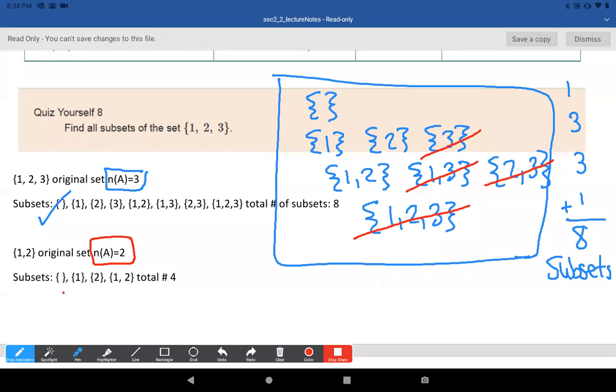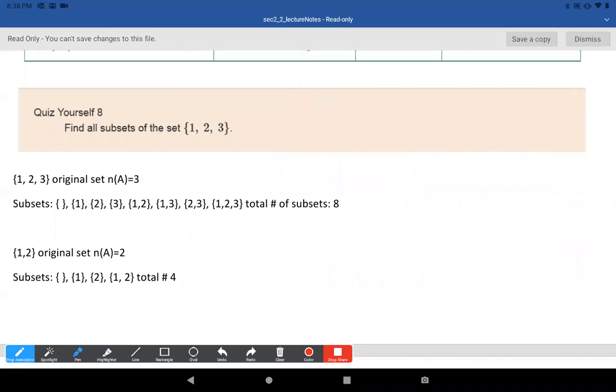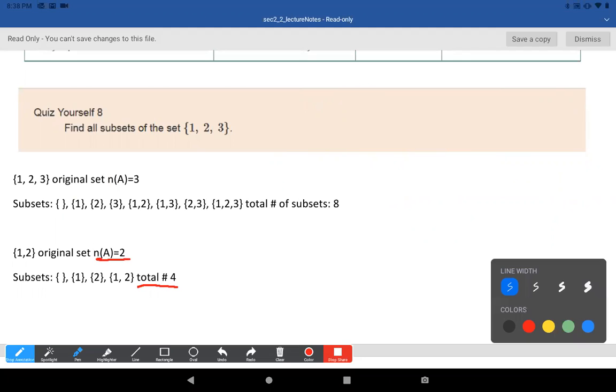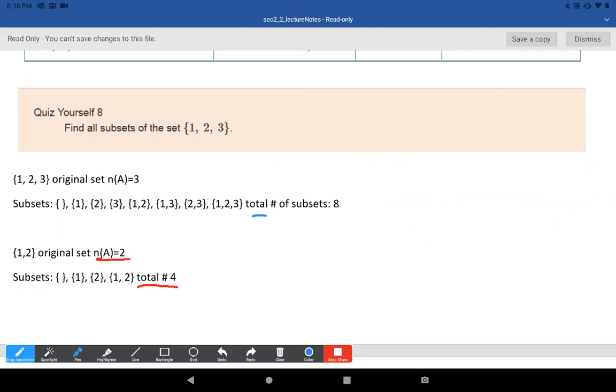We've got the empty set, the 1, the 2, and the 1, 2. So we had a total of 4 subsets when we have 2 elements. We've also had a total of 8 subsets when we had 3 elements.